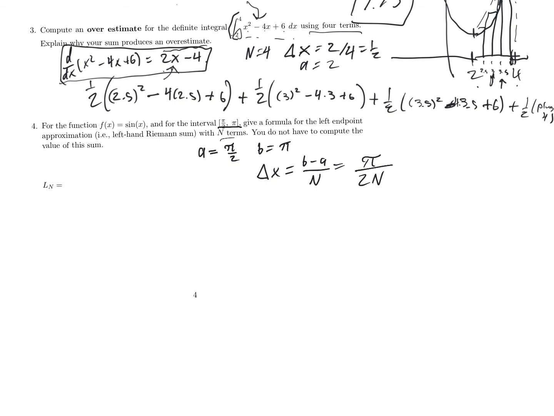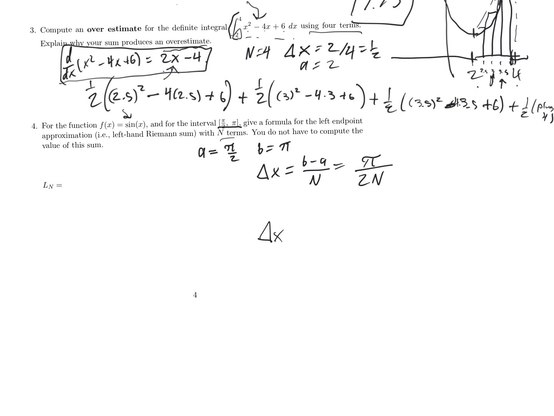Okay, so think about what left-hand sums do. You take your delta x times the height of a rectangle. How do we figure out what the height of a rectangle is? To do that, we have to plug in different values for sine of x.